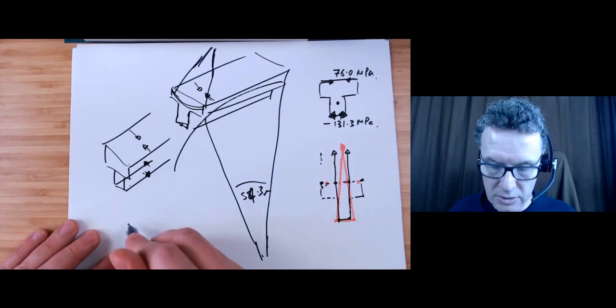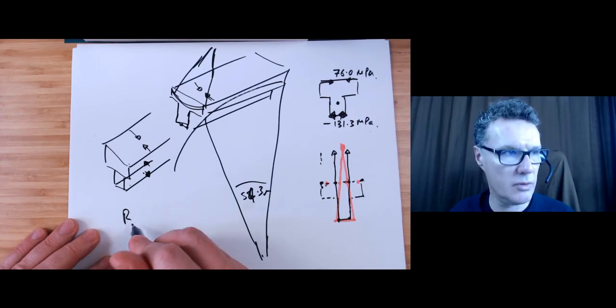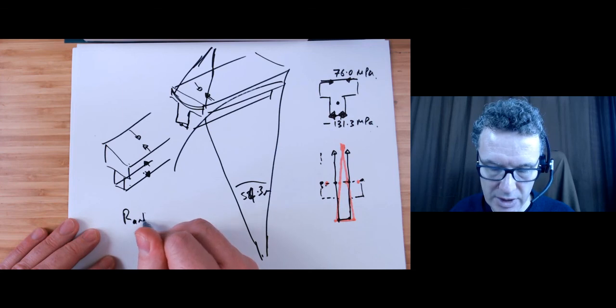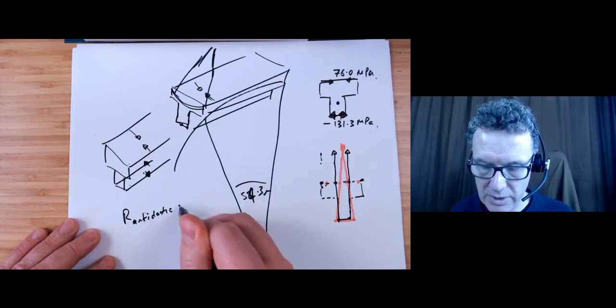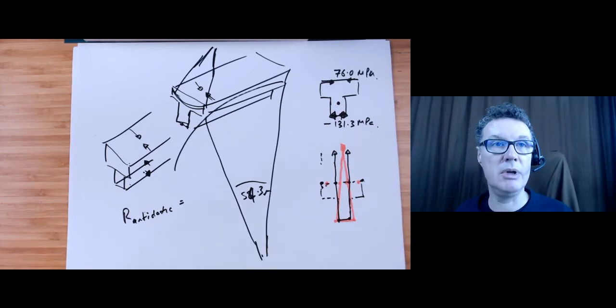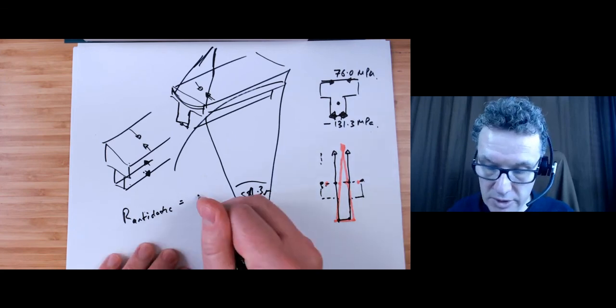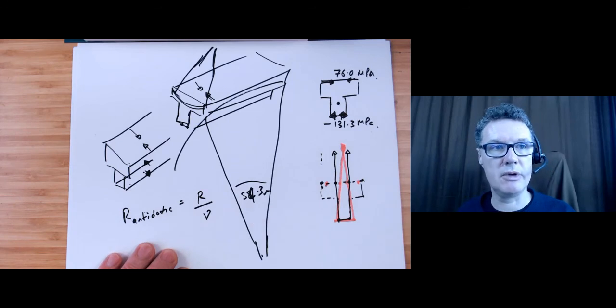So to find the anticlastic radius of curvature, it turns out that our strains are proportional to the Poisson's ratio. So I just take my normal value and divide it by my Poisson's ratio.